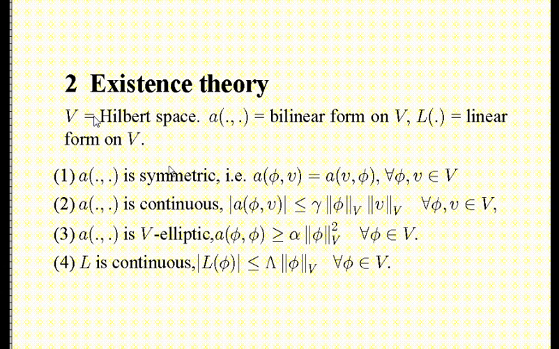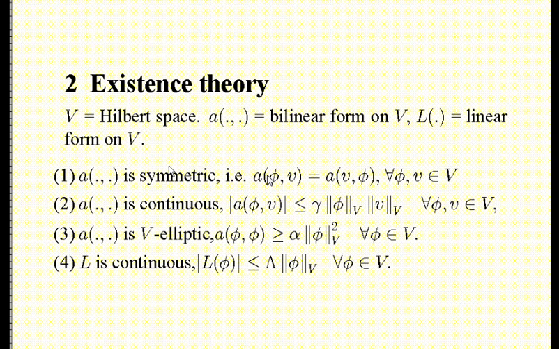And in the existence theory, we use some general space, capital V, which is a Hilbert space. We use a general bilinear form on this Hilbert space, and we have a linear form on this Hilbert space. And we are asking ourselves if these four properties are satisfied.